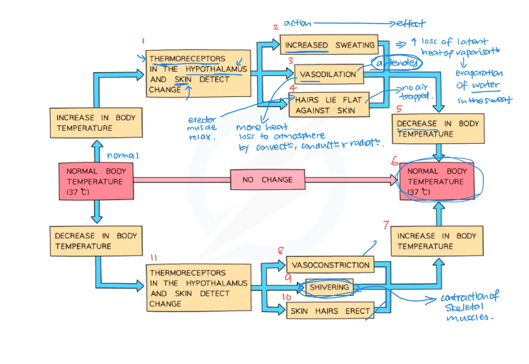Which one to which one? First one from 5. Yes, 5 to 1. Just now I said you must tell the receptor that the stimulus you have detected is gone. 5 goes to 1.